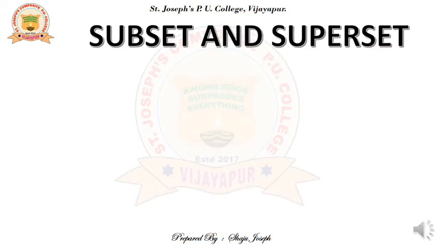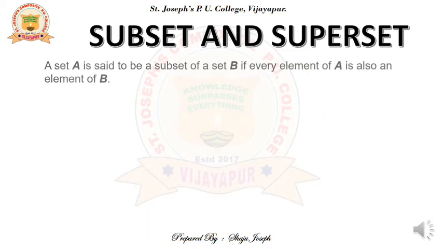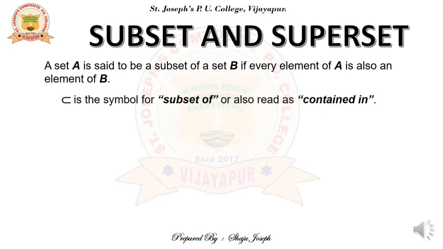So let us have a look at what is a subset, or what is the definition of subset, what is the meaning of that. If there is a set called A, it becomes a subset of another set B if every element of A is also an element of B. Let us try to understand how to write it.